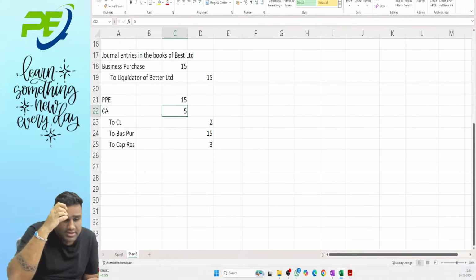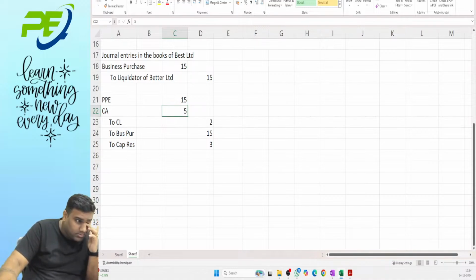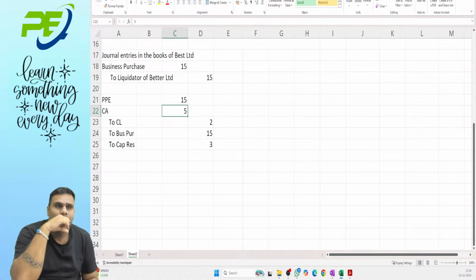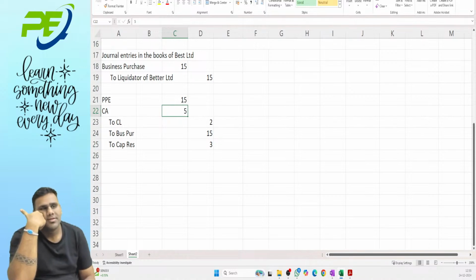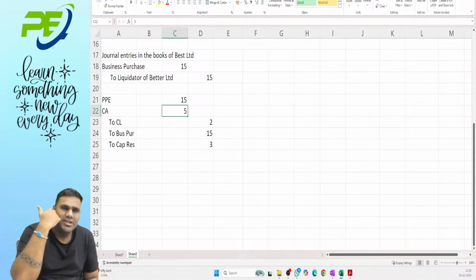Next, Weber. Better Limited account debit, share capital to securities premium. Nimita, is it? Best Limited. Darshan, Ronak, liquidator of Better Limited to equity share capital to business purchase.